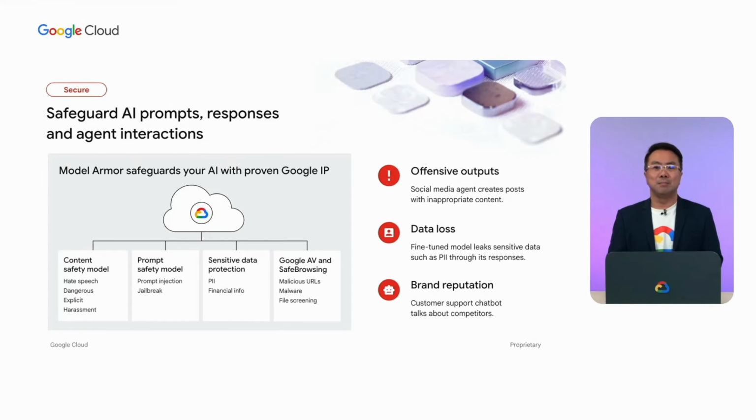In fact, because of SCC, you can even turn on filters that filter out hate speech or toxic content. For business leaders, it really helps prevent data loss. So it stops your fine-tuned model from hallucinating and leaking PII in the response.